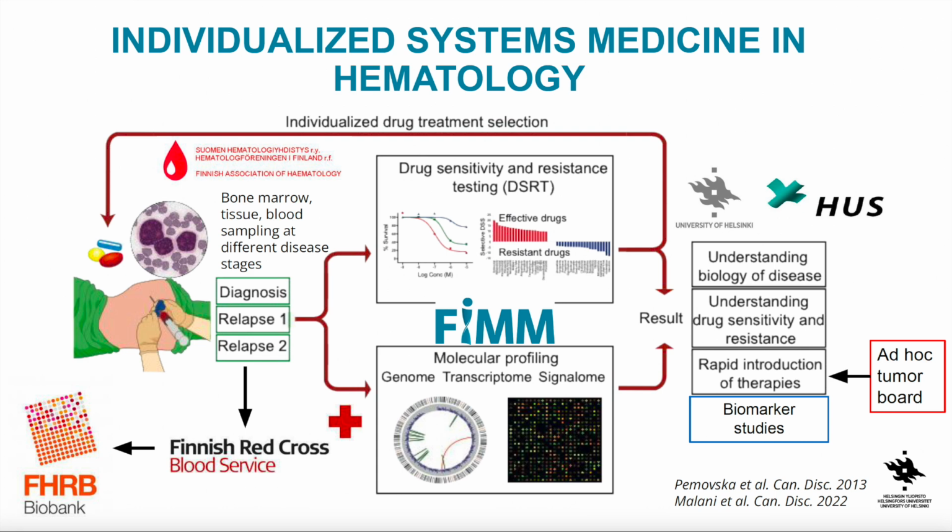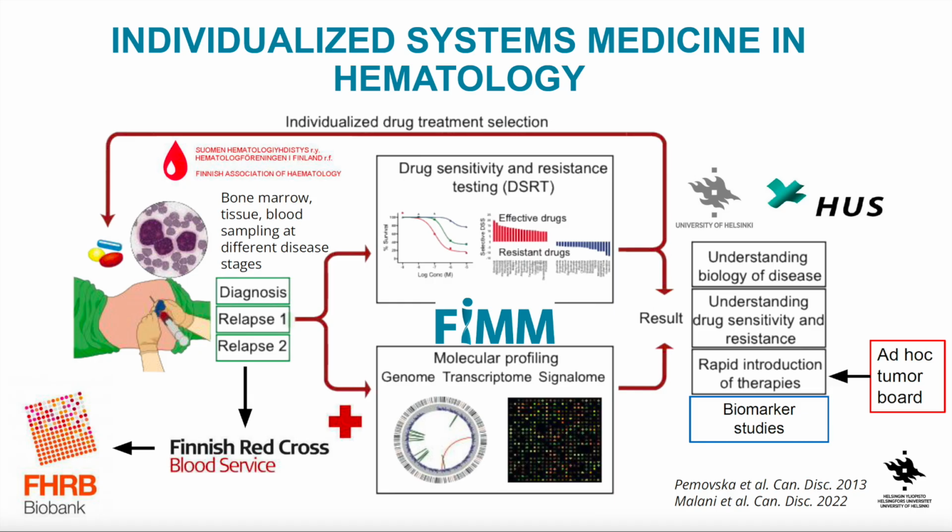And the idea was to integrate the data from these different platforms so we would get a much better idea of the disease biology, get a better idea of response indicators, but then also be able to feed that data back into the clinic in case it would be useful for patients who are no longer responding to the standard of care. So that type of data would then be discussed through a tumor board.